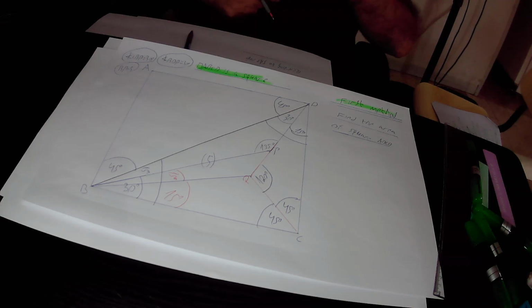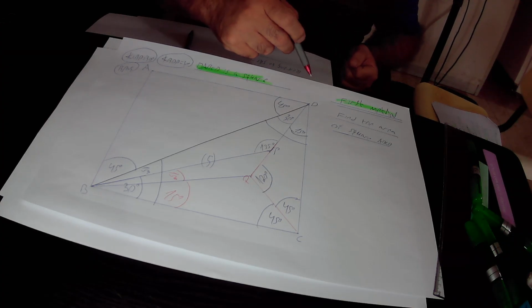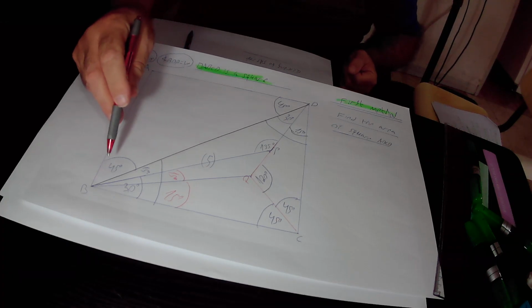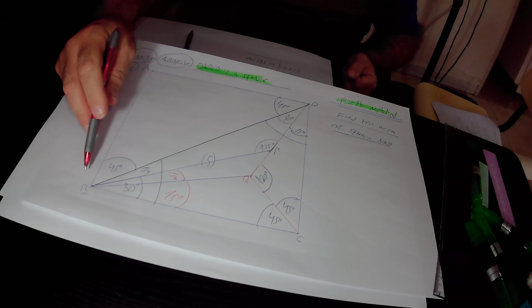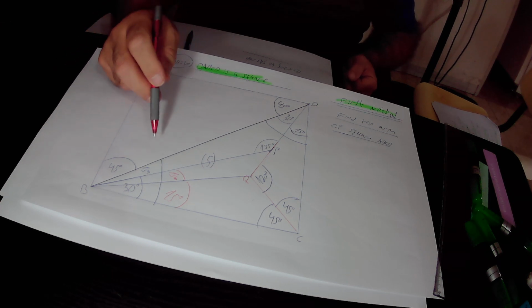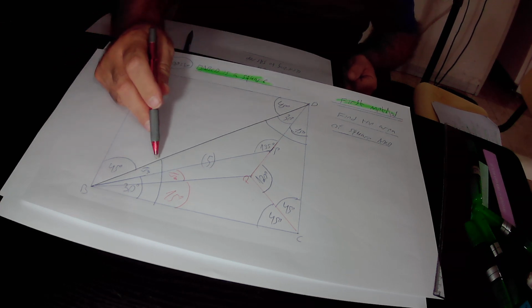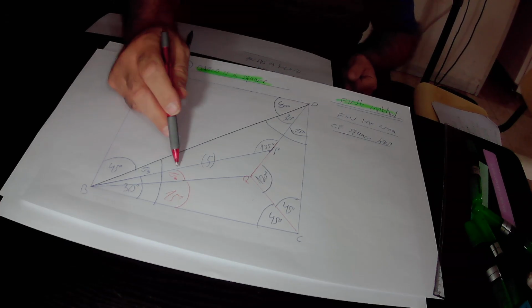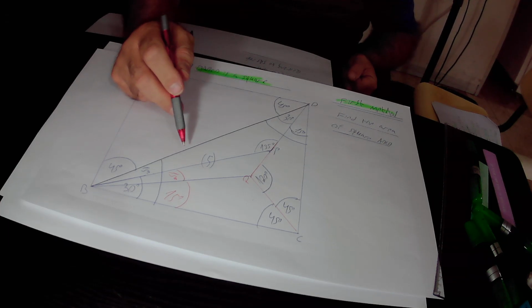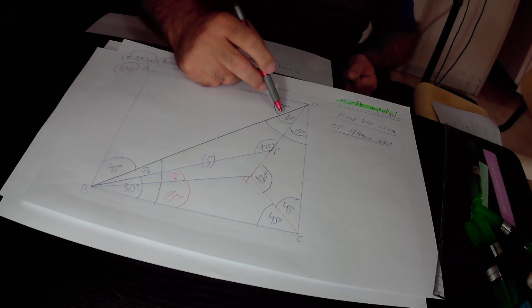So in triangle DQB, this angle equals 30 degrees, and this angle also equals 30 degrees.